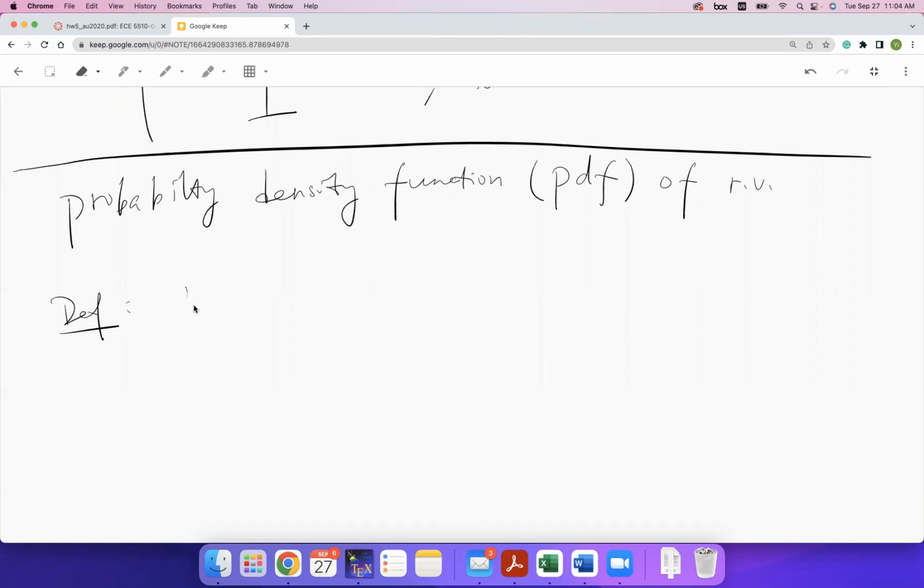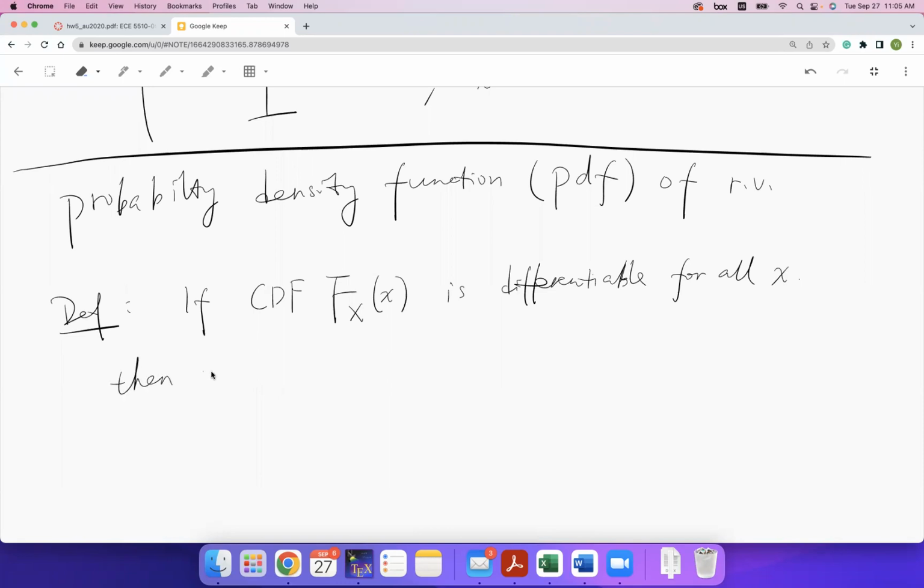So here's a definition. If the CDF F_X is differentiable for all x, then the PDF function, so f already stands for function, of the random variable X is simply defined as, again, we use the notation small f to denote the PDF.